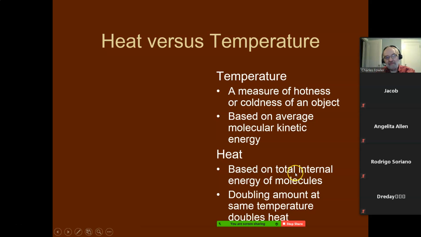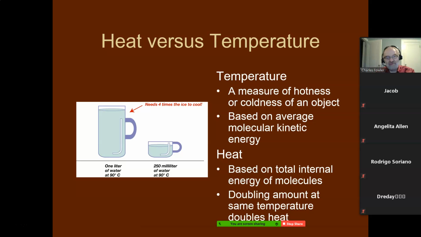Now, I'm going to put up the slide first. If you had a mug of coffee here, perhaps really hot coffee, or you had this nice little dainty cup of coffee.